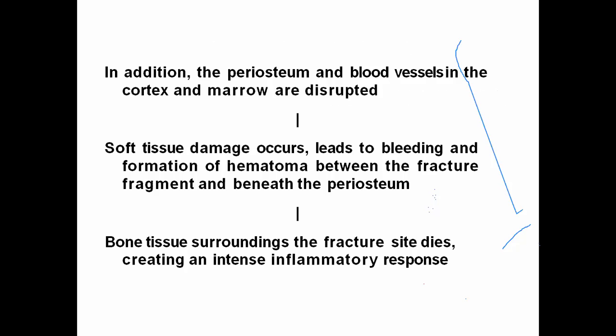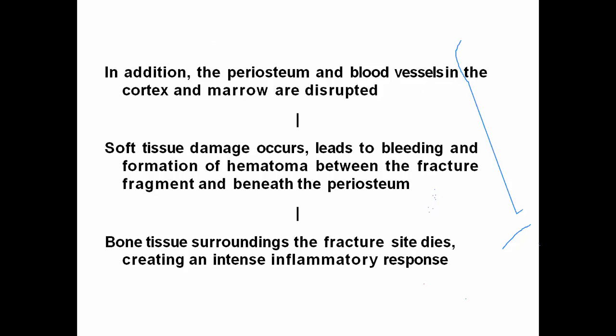In addition, the periosteum and the blood vessels in the cortex and marrow are disrupted. Because of this, soft tissue damage occurs, leading to bleeding and formation of hematoma beneath the periosteum.